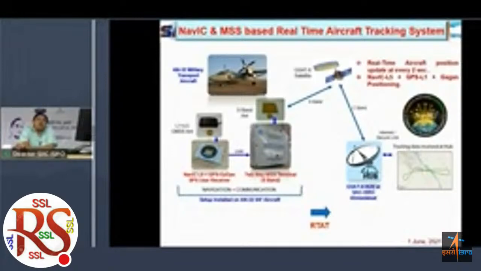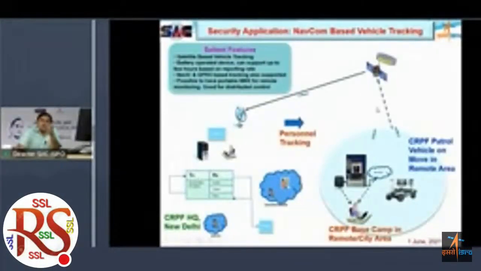So to avoid such a scenario, now all aircraft and helicopters will be fitted with a satellite communication and navigation terminal. So NAVIC and our mobile satellite service will be utilized for tracking. Whenever a helicopter takes off, from that time onwards, it will be continuously tracked, so that if some crash or mishap happens, we will exactly come to know where it has happened.